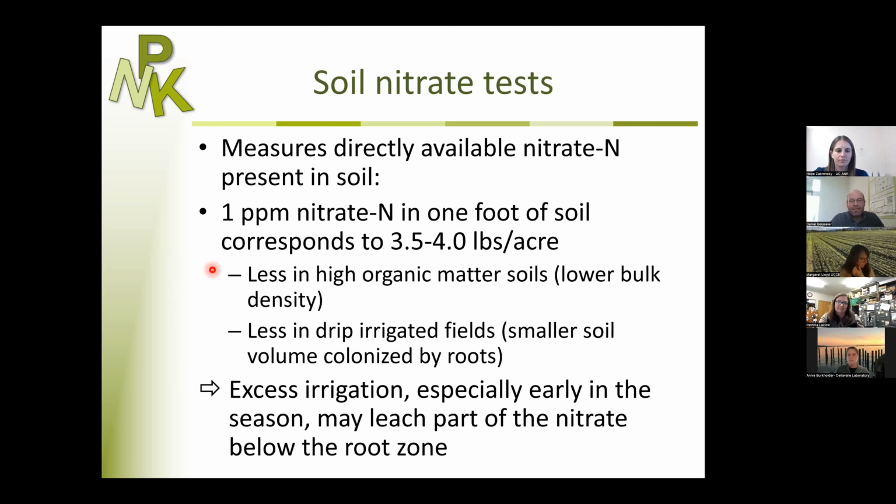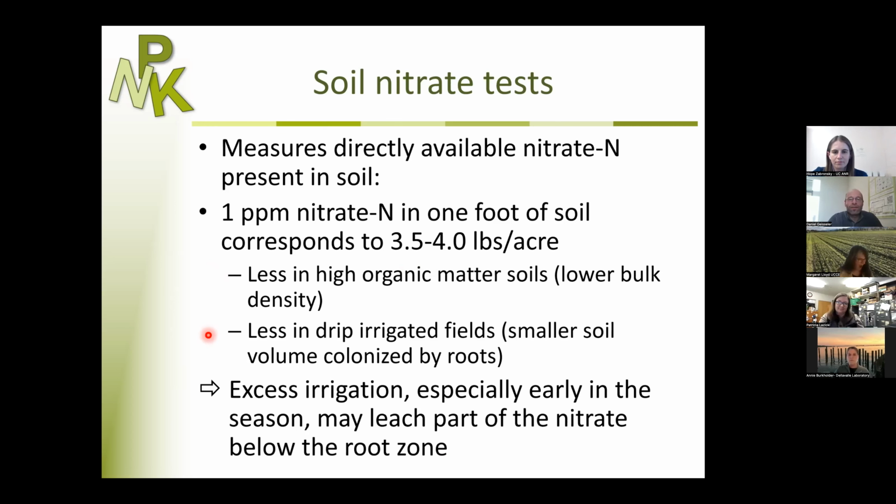So for example, this ratio would be lower in high organic matter soils. When you produce in the delta, you have 5 or 10% organic matter, then the bulk density is lower. So this ratio would also be around 3 or even lower. And also already mentioned before, in drip irrigated fields, the volume the roots colonize may be smaller.